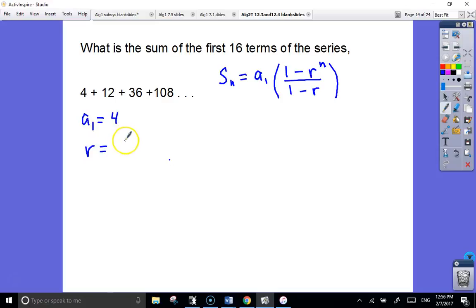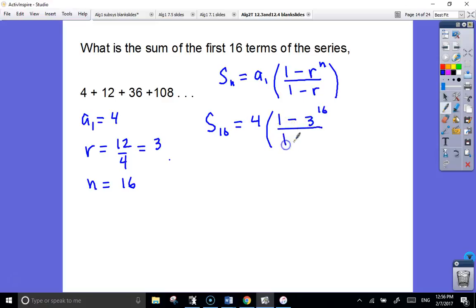What is r in this case? It looks like it's 12 over 4, which is 3. And then how many terms? 16. So let's plug all that in. S16 equals 4 times 1 minus 3 to the 16th divided by 1 minus 3.